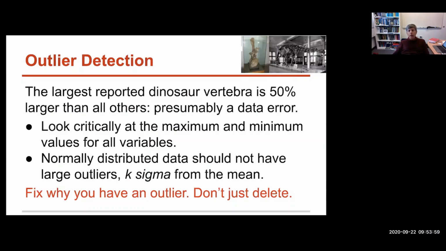So often you get values in a data set in a particular column that are unusually large or unusually small. For example, I was once reading an article about dinosaurs. I assume you know dinosaurs are big. Well, the American Museum of Natural History in New York has one of the best collections of dinosaurs in the world, and I encourage you to go visit that sometime soon.